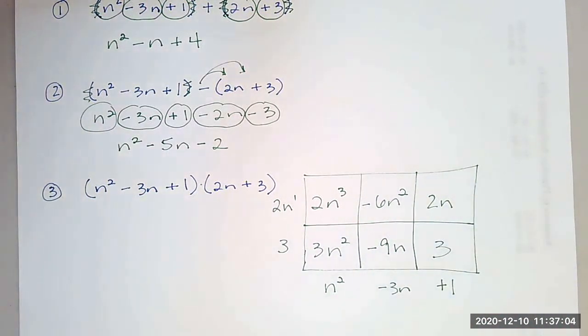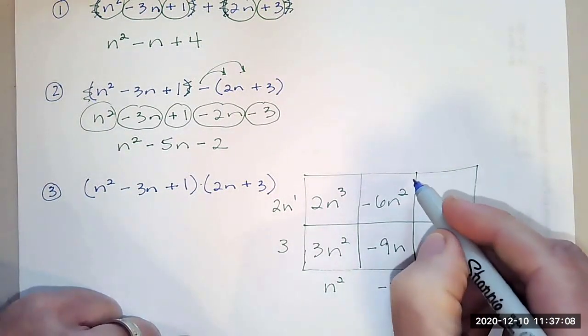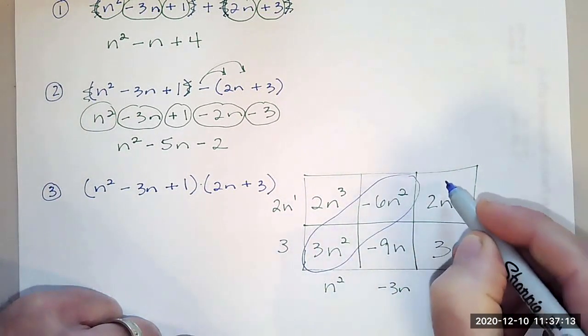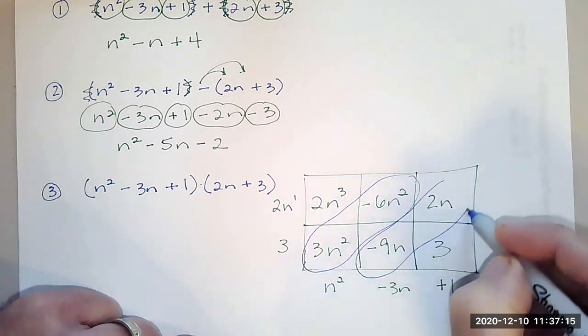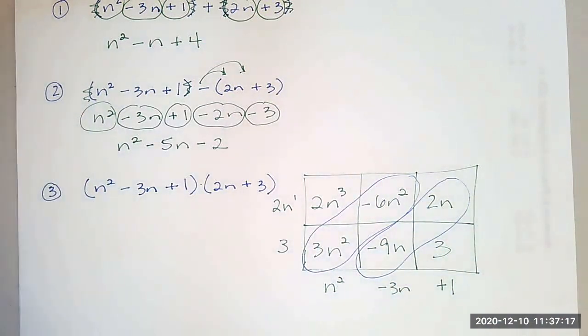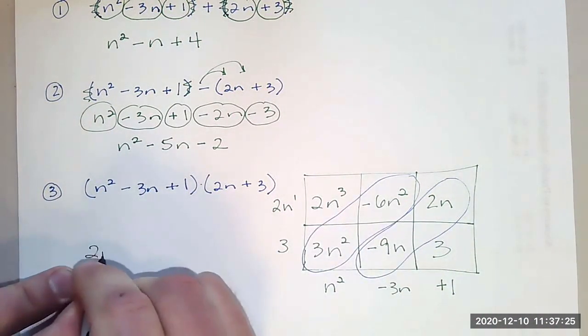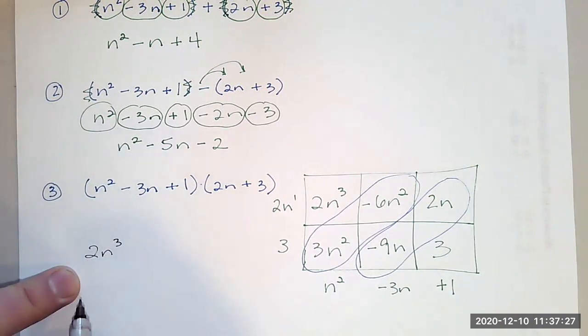Now, it's not always the case, but you will often find that your diagonals are like terms. This makes it easy to add them up. So the product, or the sum of the parts, is 2n to the third.